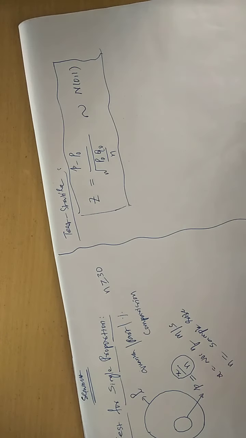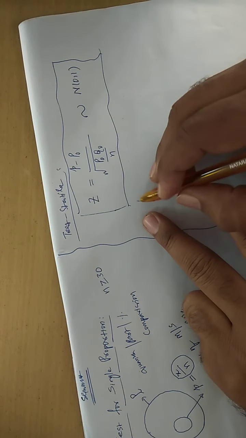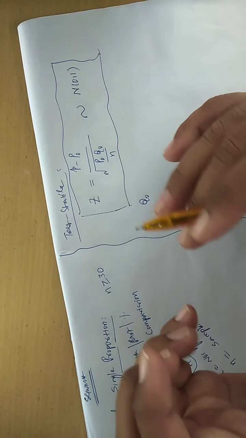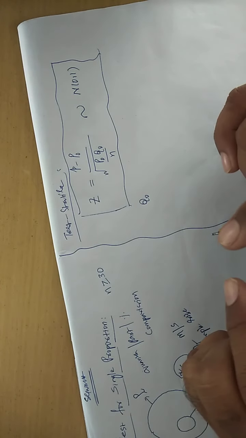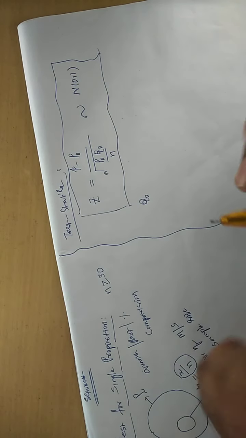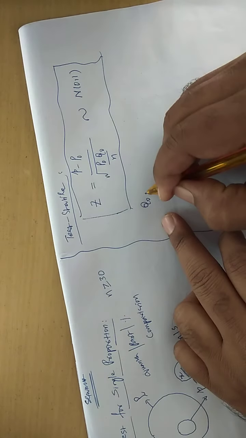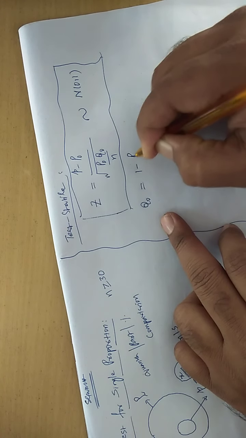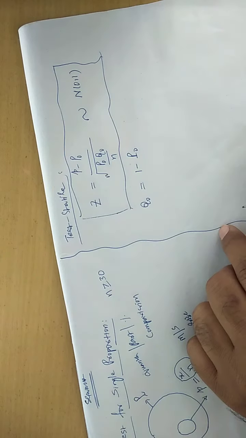Now here a few terms are there. How do we get Q naught? The entire probability revolves around those two terms. What is P plus Q? What is the value of Q naught? The Q naught value is going to be 1 minus P naught. That's it.